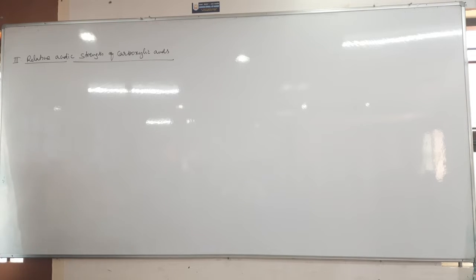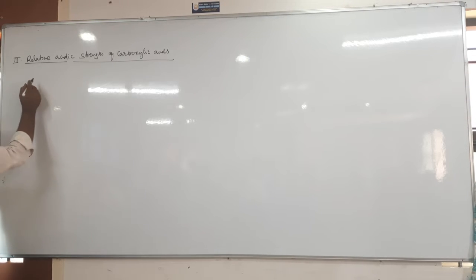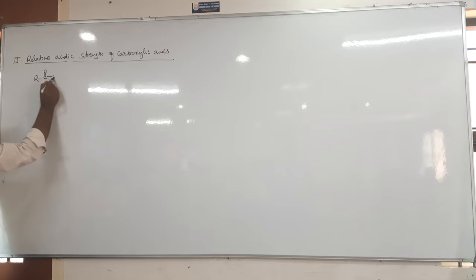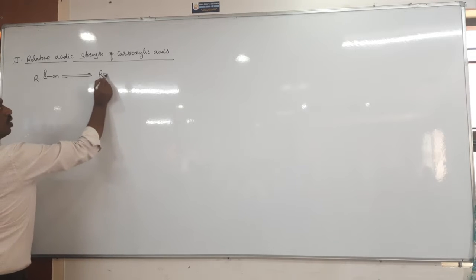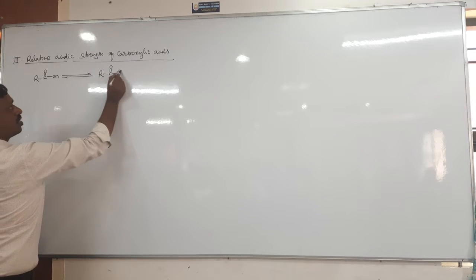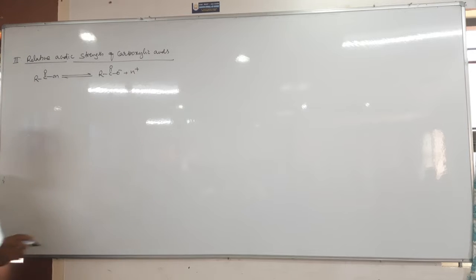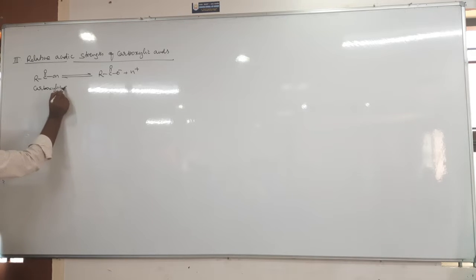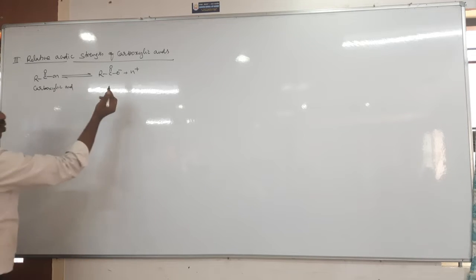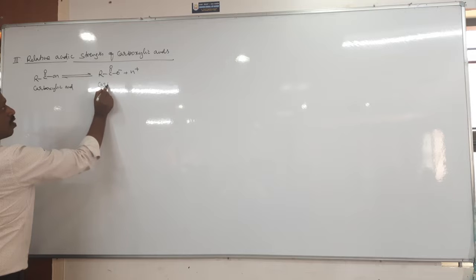Let's see how. Now before that, let us take carboxylic acid RC double bond OH, right? It undergoes dissociation, it gives rise to RCOO minus plus H plus. Yes or no? So here it is a carboxylic acid. Carboxylic acid undergoes dissociation, it forms carboxylate ion.